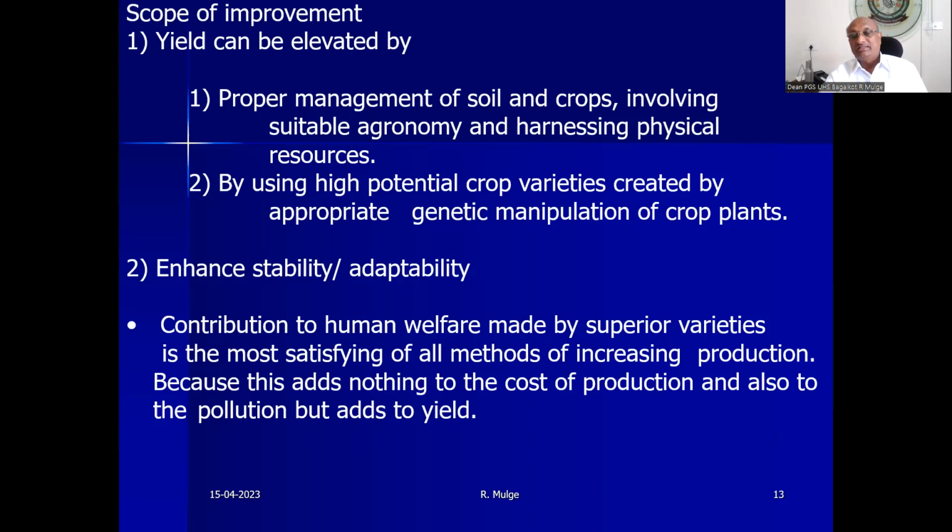Ultimately the cost of production, especially if you have disease resistant varieties, is rather going to be reduced. So by and large you are not adding to the cost of production, and definitely not adding anything to the pollution. You're not using chemicals, but fertilizers are required, whether you use organic or inorganic.